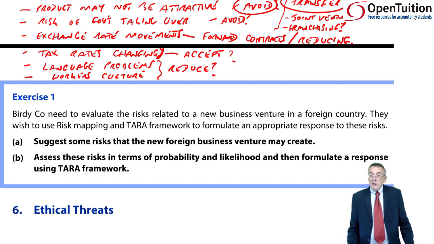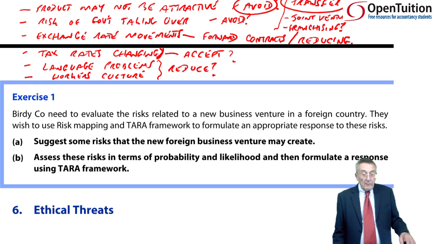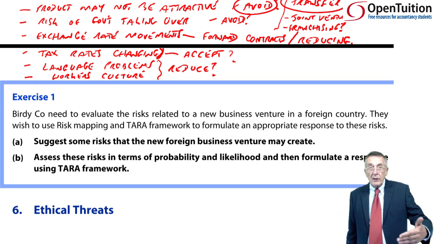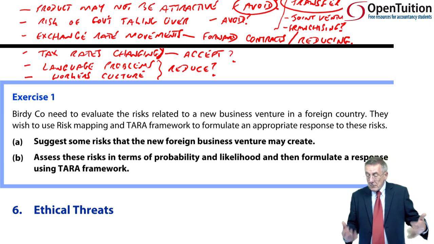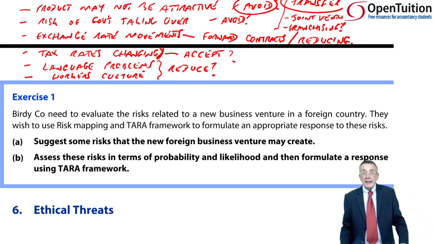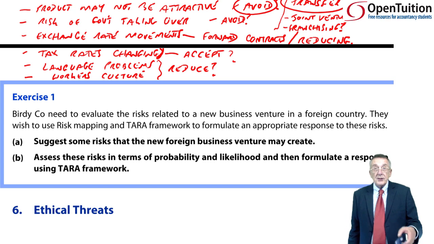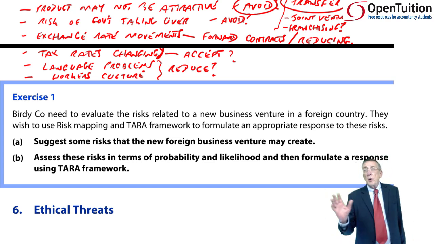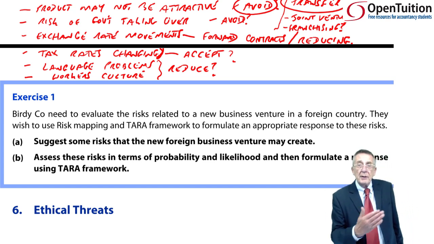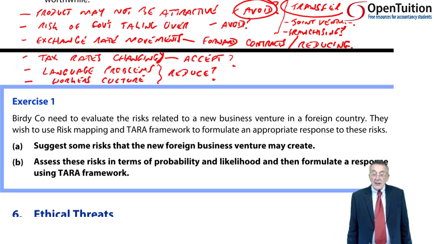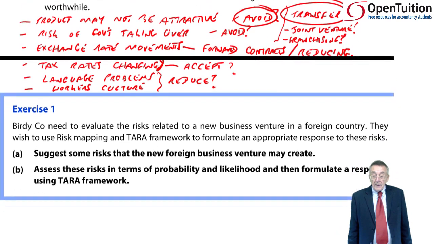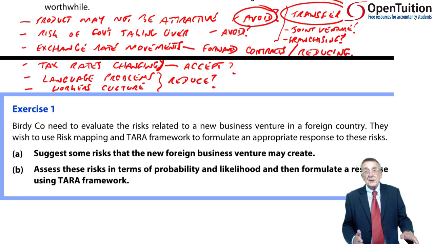But maybe you can try and reduce them: if our employees are going there, they need to learn the language, so more training in the language. If the workers work differently and the culture's different, make sure we've got local managers. Potentially you may be able to reduce them. So there are question marks all over the place, but I hope I've got the idea across.